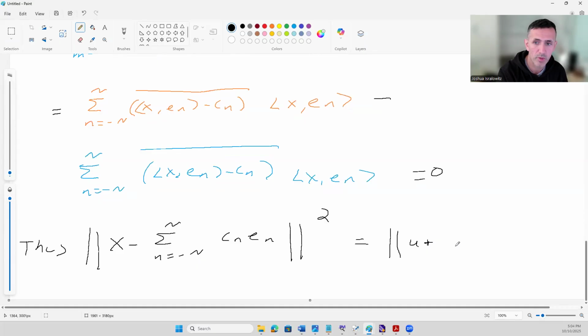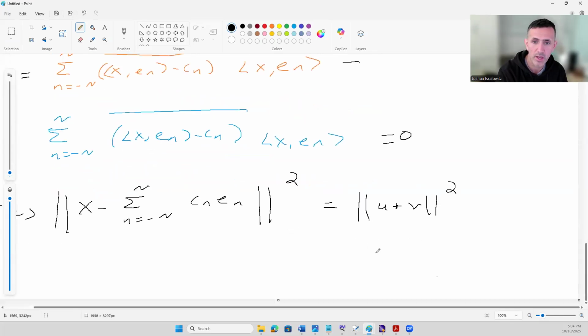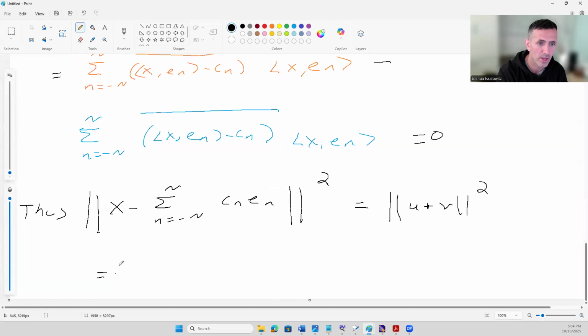And remember from AMAT 220, because these are orthogonal, I can write this as, and we've basically finished the proof if you think about it. Well, we have finished the proof if you really think about it.